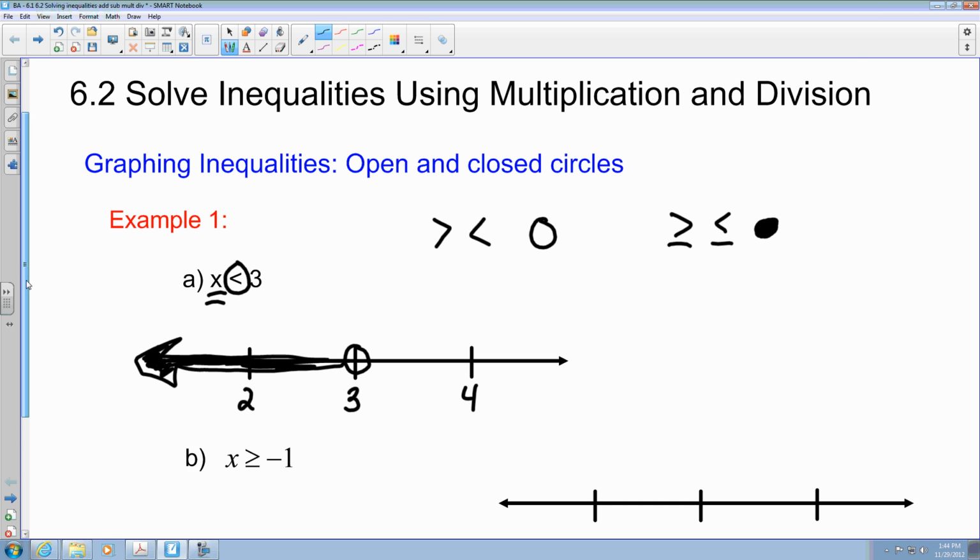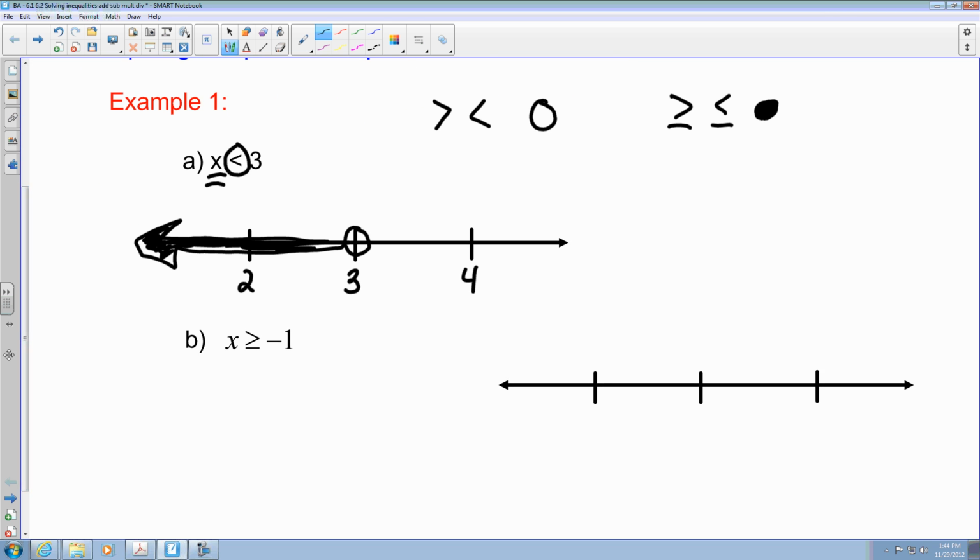Like if we look at number 2, for instance, we have x is greater than or equal to -1. So I'm going to put -1 here in the center, and then one that's smaller, which is -2, and another one that's 1 unit larger, which is 0. So I have a greater than or equal to sign, so that means that I have a closed circle. And again, my variable is on the left-hand side of the inequality.